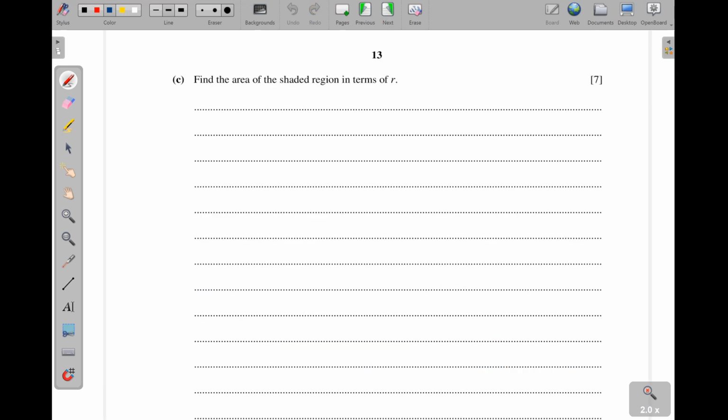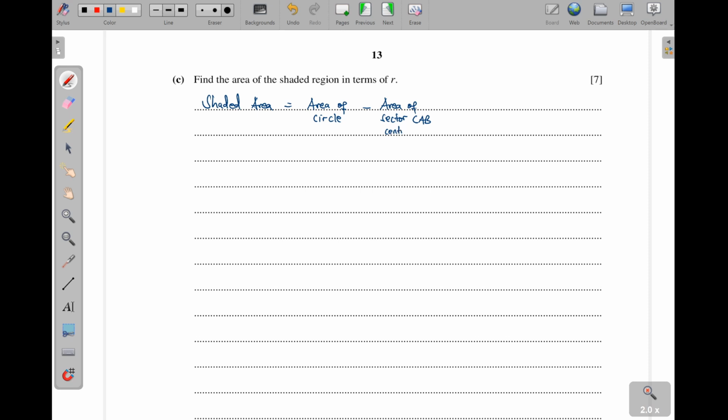I can say that the shaded area is going to be equal to the area of the circle minus the area of the sector. The sector, I think it is CAB.